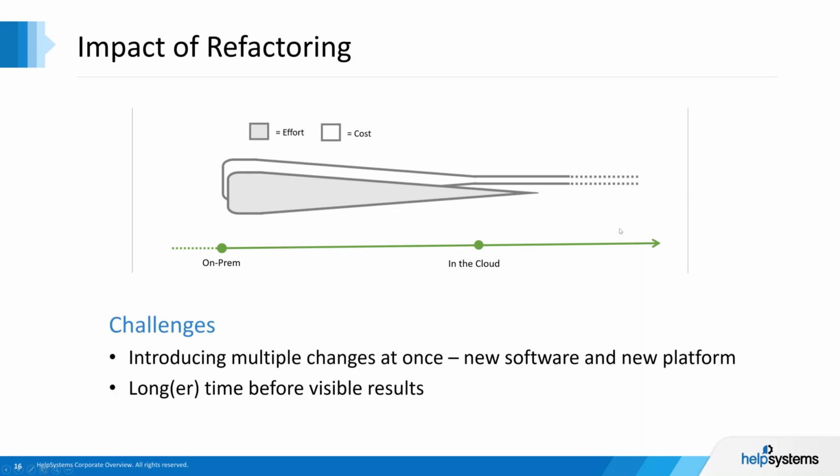The downside of this, or the challenges with this, is that by doing this, you're introducing multiple changes at once. You redesign and refactor your software at the same time as you're moving things to a new platform. And that's a risk in itself. The other one is the longer time before visible results.